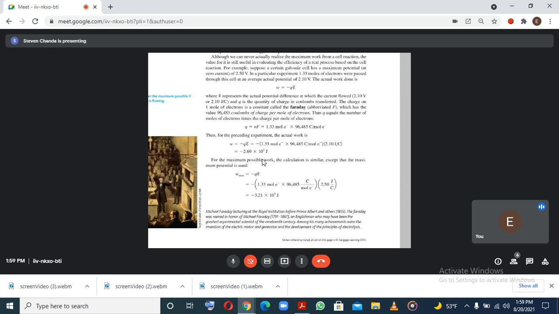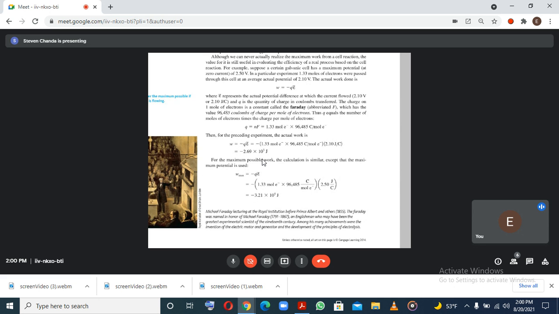Then in a particular experiment, 1.33 moles of electrons were passed through this cell at an average actual potential of 2.10 volts. The actual work done is, so you can say, work is equal to minus charge times E.